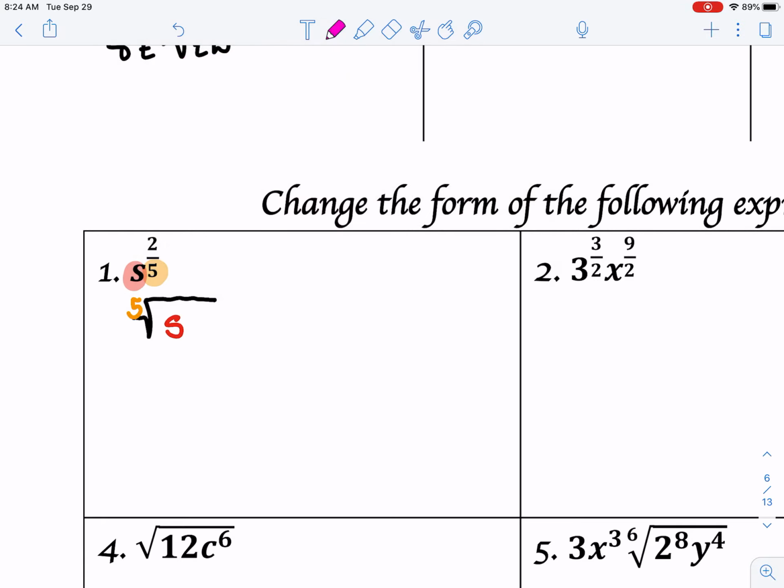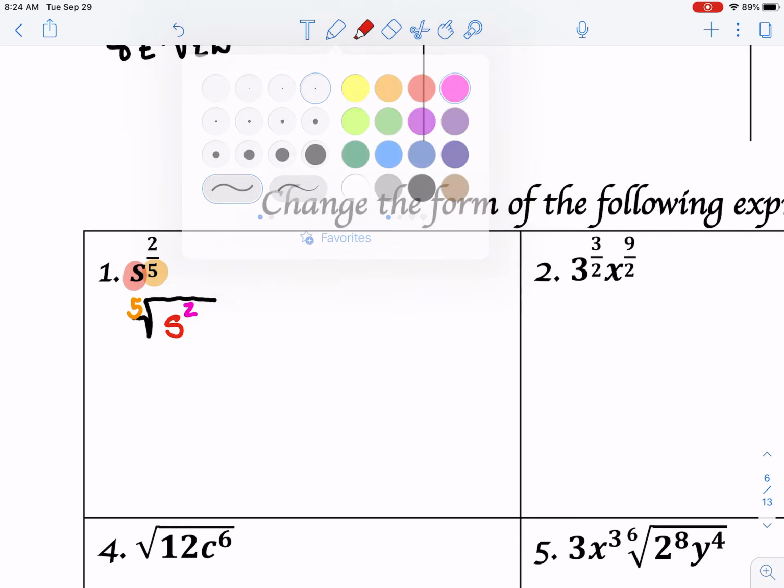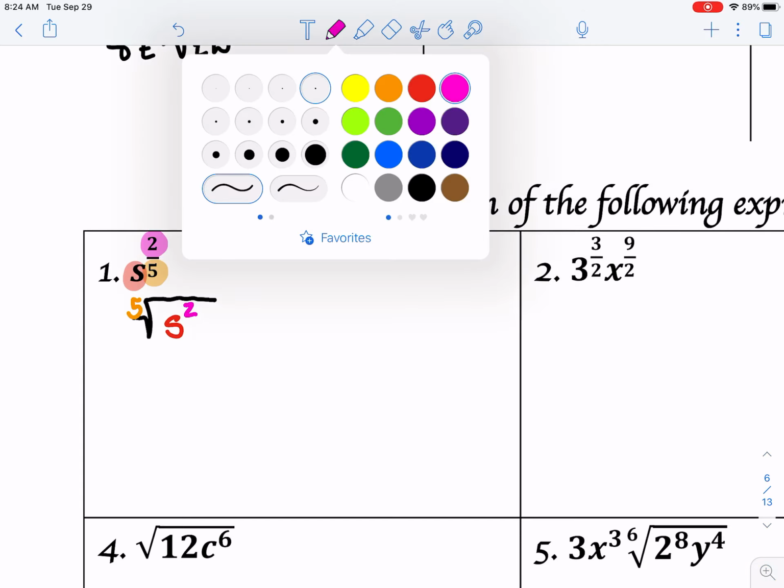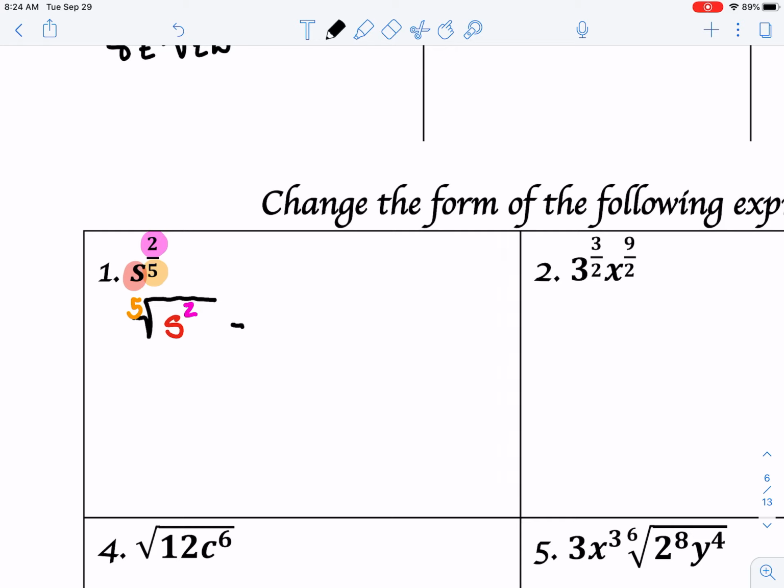And then last but not least, my exponent goes up to the top. I'm then going to expand all of this, or what's inside the radical. So 5 as the index, and then S. I don't have at least 5 S's, so it's just going to be the 5th root of S squared.